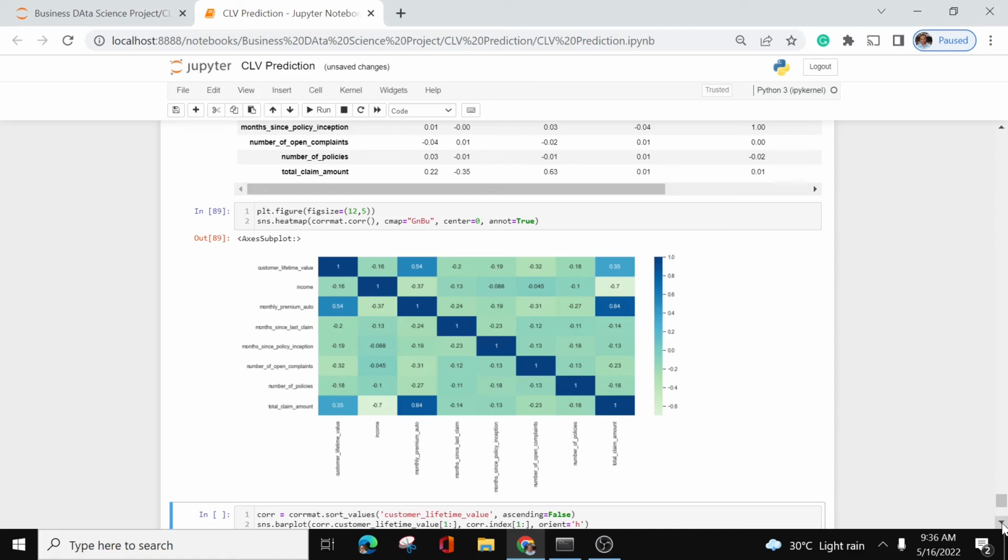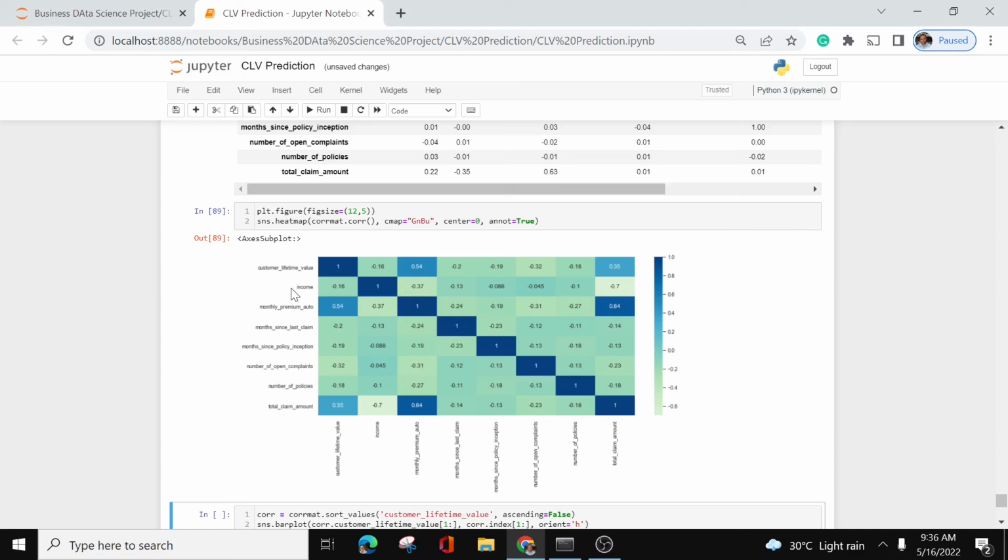So let's see which ones have higher correlation. So we have the customer lifetime value, and this is the monthly premium auto. It has a correlation value of 0.54. This is higher. And also with total claim amount, it is 0.35, and the rest are negative.